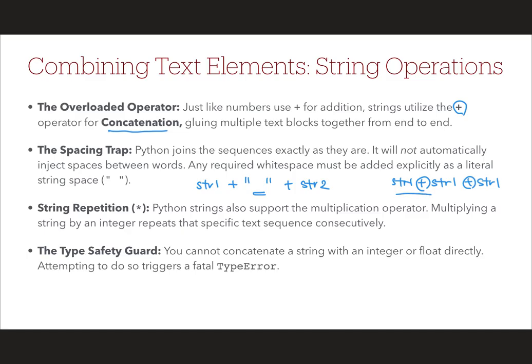So this expression will be the same as string 1 times 3. If I define string 2 by string 1 plus string 1 plus string 1, that can be shortened to string 2 defined by string 1 times 3. So that is the meaning of multiplication for character strings in Python.